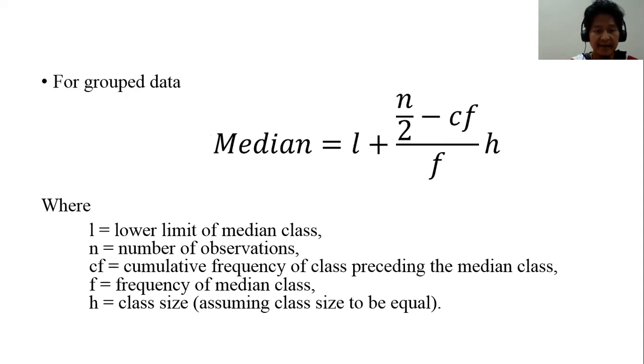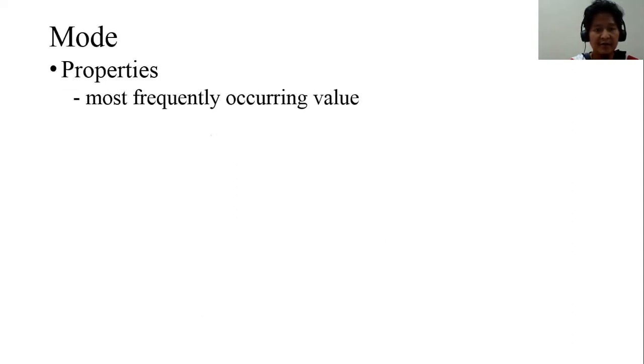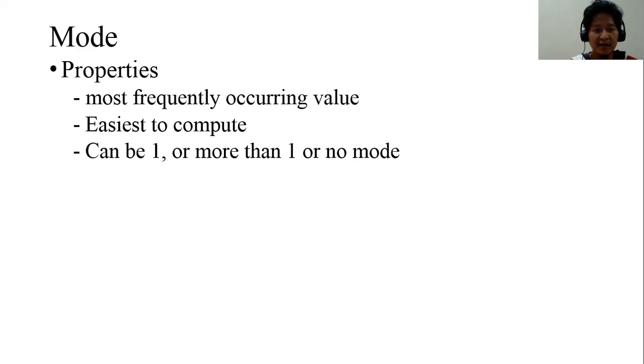Okay. For mode, the most frequently occurring value, easiest to compute, can be one, more than one, or no mode. Unlike yung ating mean at saka median, ito pwede siyang isa, pwede siyang madami, or pwedeng wala. Yung mean at saka median, laging isa lang. Okay, so we'll have an example also of this.